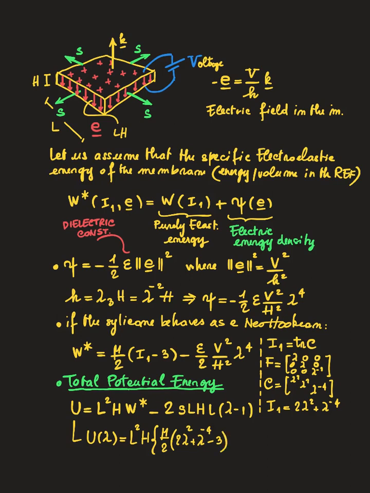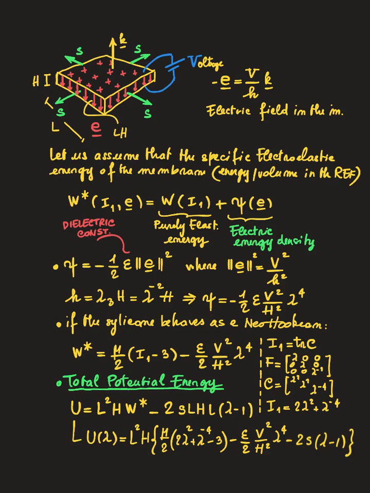Then I have to put the electric energy, minus epsilon divided by 2, V squared divided by capital H squared, times lambda to the power 4. And I simply have to write this, forgetting this piece here. So it becomes minus 2S times (lambda minus 1).